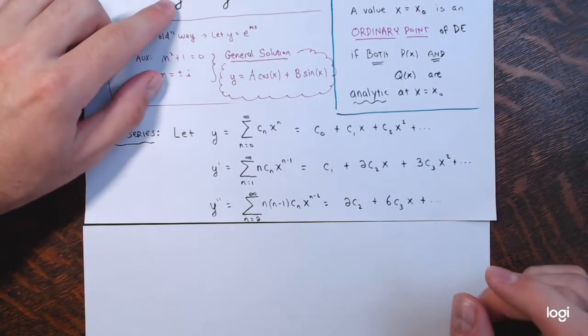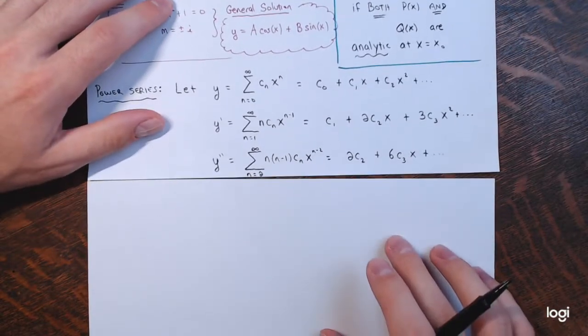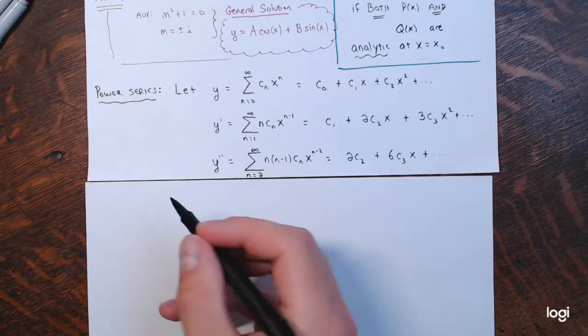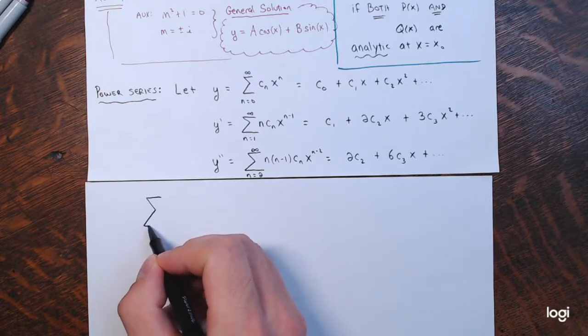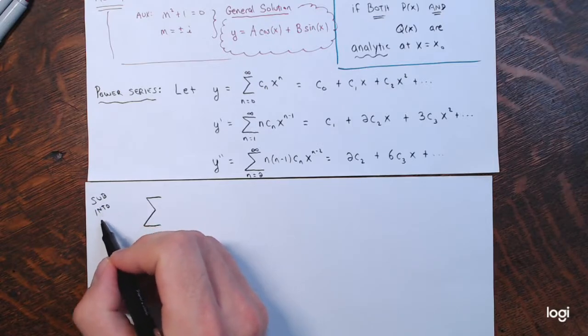So the equation is y double prime plus y equals 0. y double prime was this sum here, so this is a substitution into the differential equation.